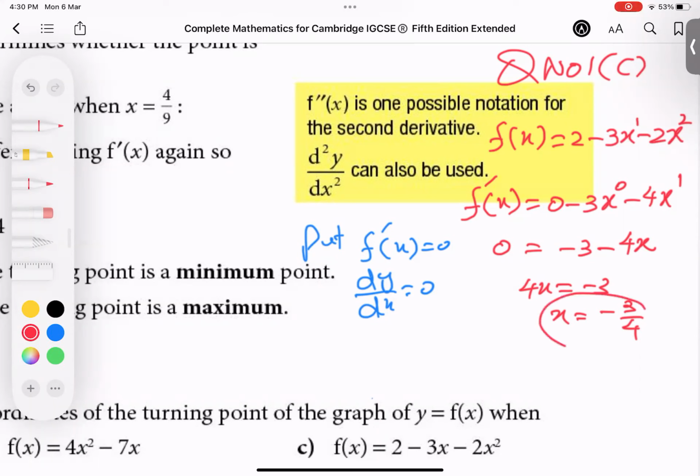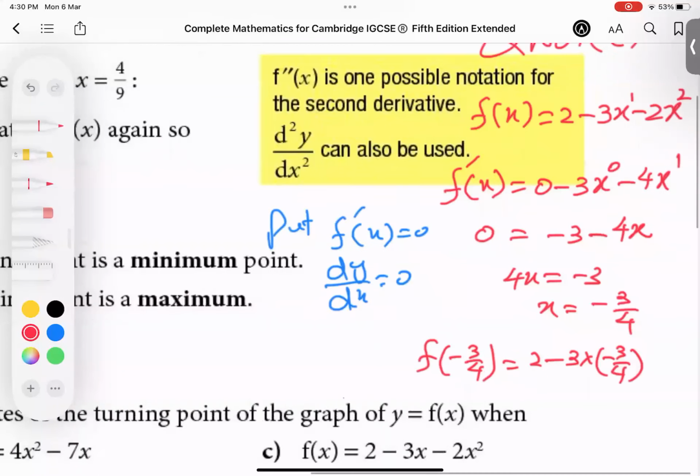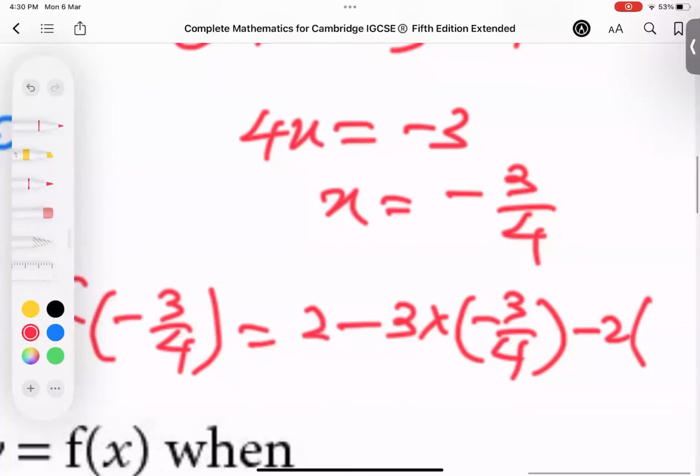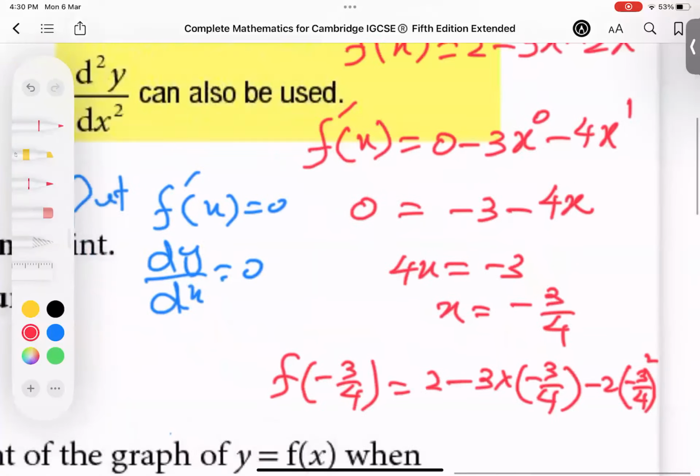Now we need the y coordinate too. Plug into the top equation. So minus 3 over 4, 2 minus 3 times 2 minus 3 over 4, and minus 2 times minus 3 over 4 to the power 2.